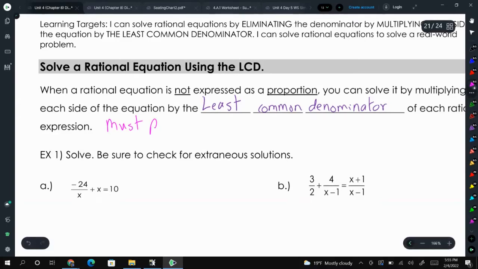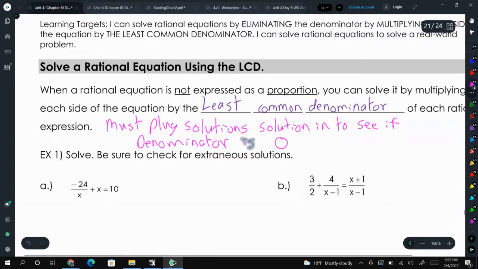Must plug solutions in to see if the denominator is 0, because we can't have 0 in the denominator. That makes an undefined fraction.